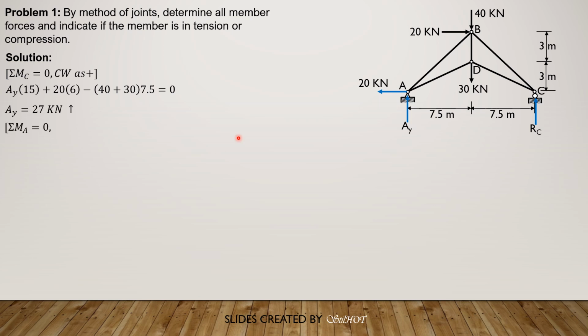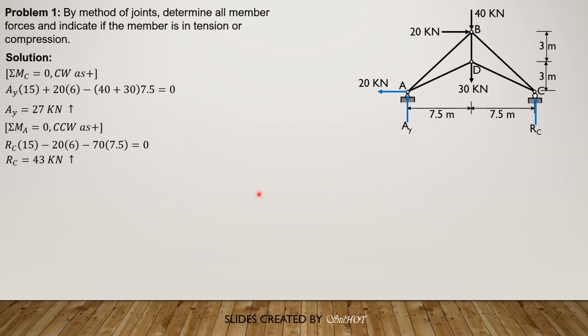Likewise, summation of moments about A equals 0, counterclockwise positive. So we have R sub C times 15, then minus 20 times 6, minus 70 times 7.5 equals 0. So R sub C is 43 kilonewtons upward. If we perform checking, 27 plus 43 equals 70, the downward force.